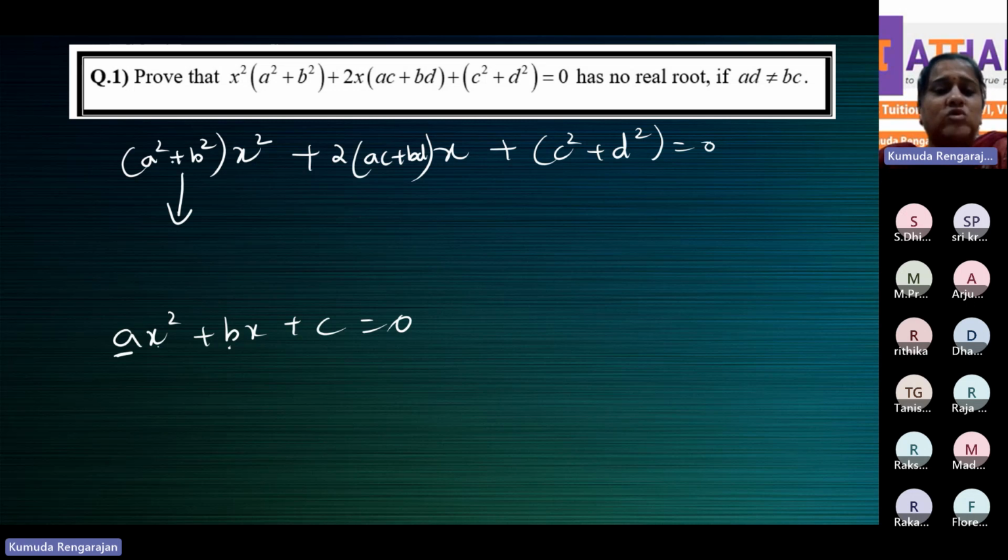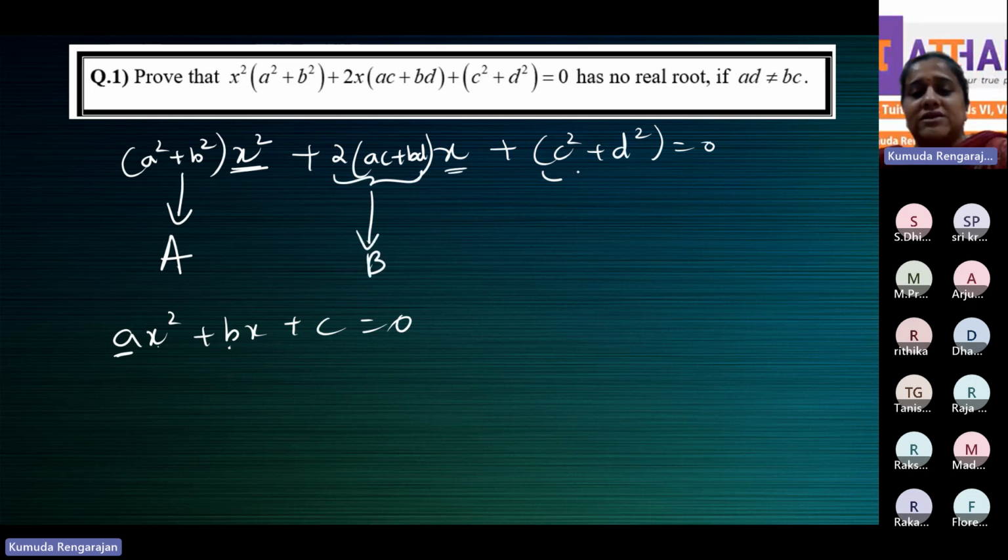But here we already have those letters A, B, C. So in order to differentiate, we'll call this capital A, the coefficient of x square. The coefficient of x, this one, is capital B. And this one, the constant, is capital C. Because if we use A, B, C, we already have those letters used in the equation given.